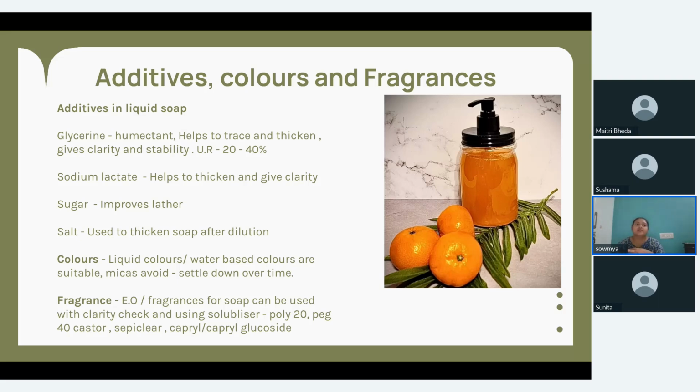What I can recommend is to infuse the herbs, whatever herbal powders you have, into the oils first, either cold infusion or hot infusion, and then filter out all the herbs.